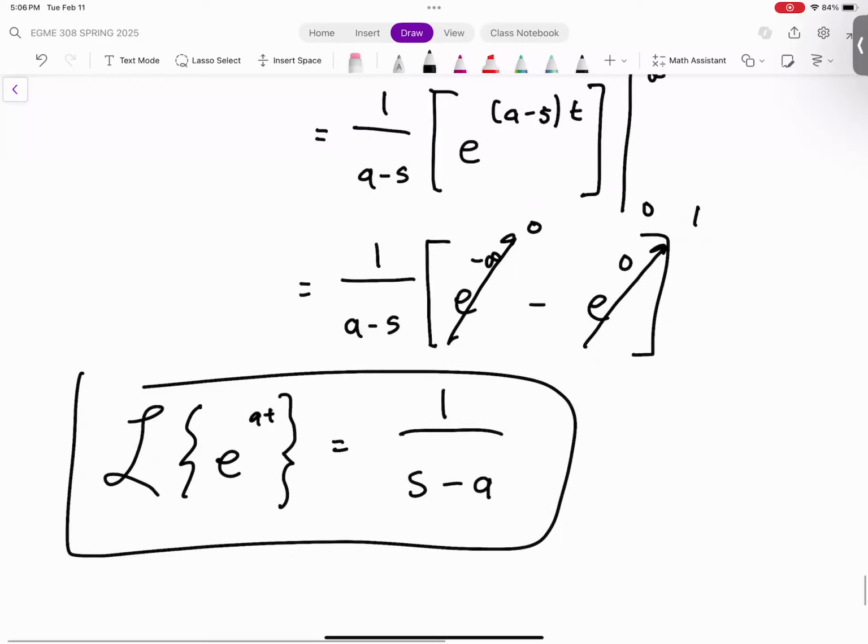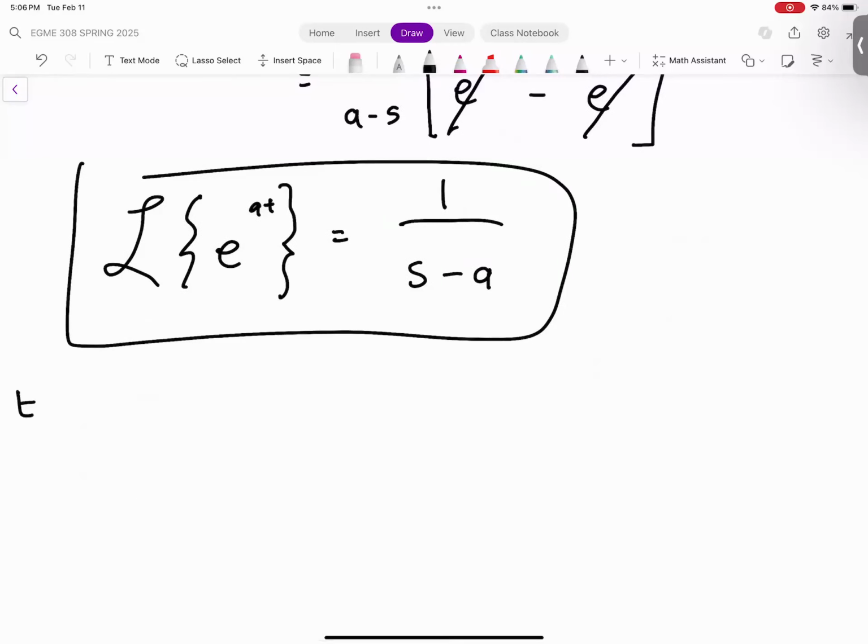Okay, let's do one more together. Let's do the function f of t is equal to t, just a linear function of t.